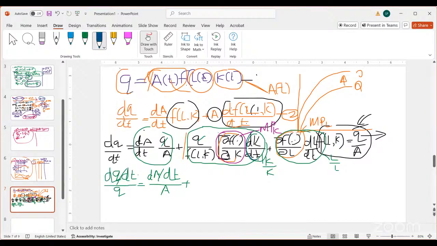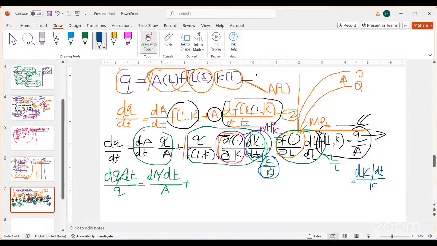So this part, dK over dt, and divide by K. If I rewrite it somewhere here, K dt divided by K. So when you multiply K over K, that happens.